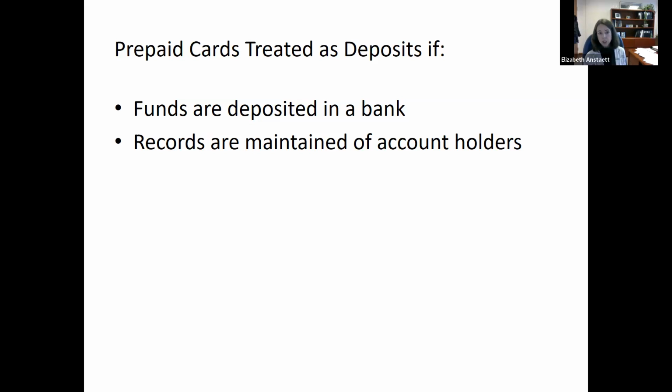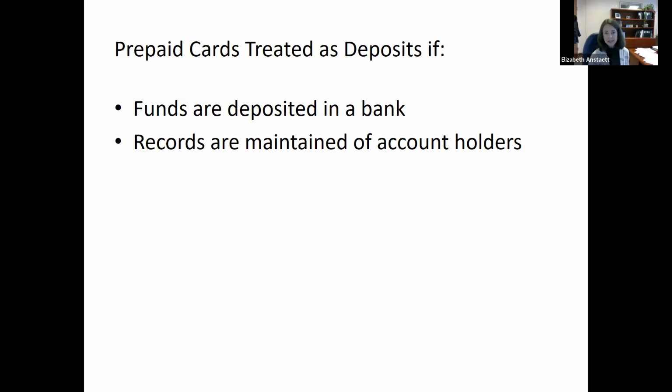And banks are encouraged to do everything they can to treat them as deposits because they are more often used by low and moderate income individuals. I mean, everybody may use them, but low and moderate income people may use them almost exclusively. And so by treating them as deposits, those individuals can get more of the benefits of the banking system.